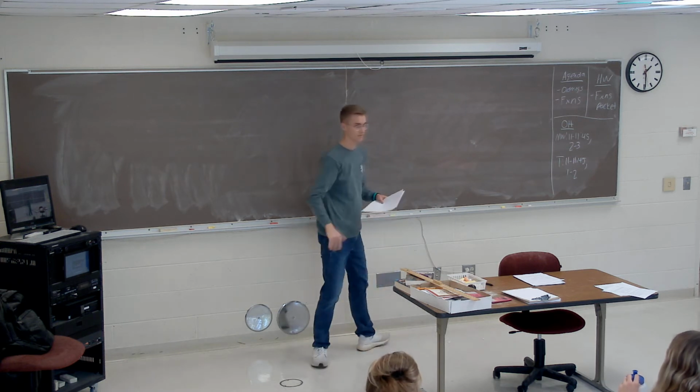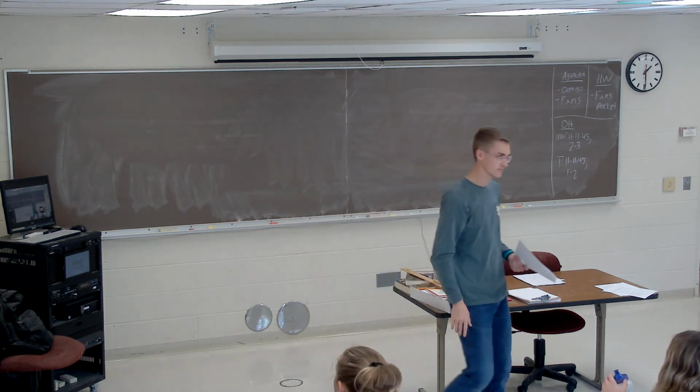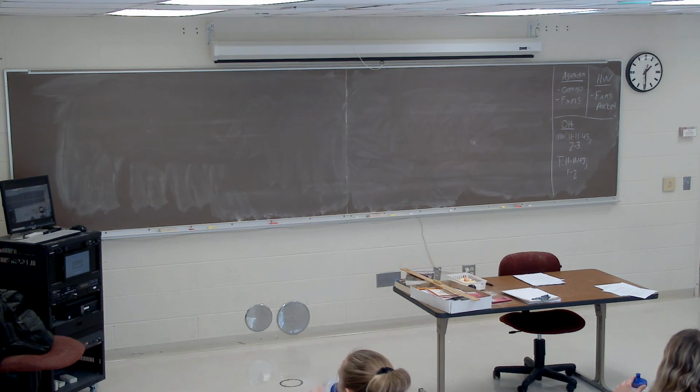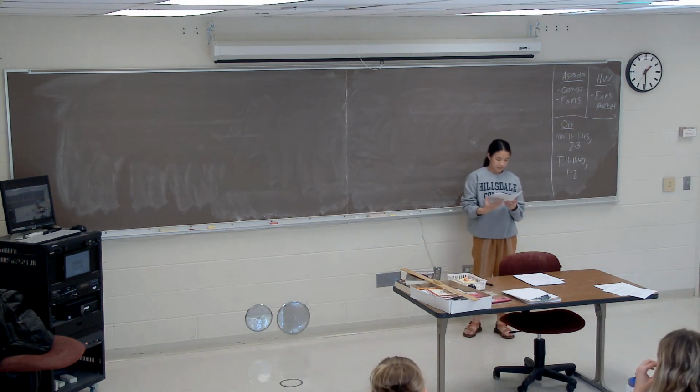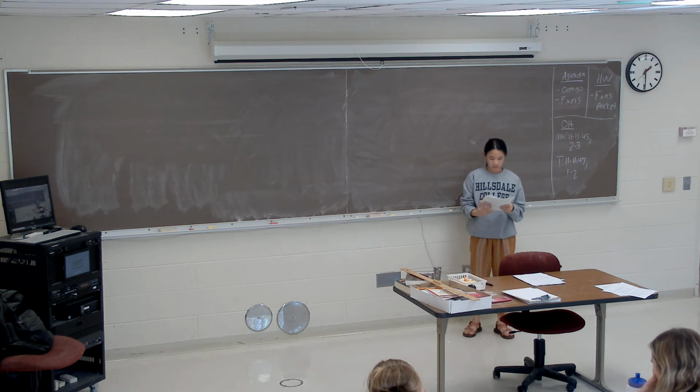Okay, next up we have Laurie with part B. So my question is, if T is a totally ordered set, then T must have both a greatest element and the least element.